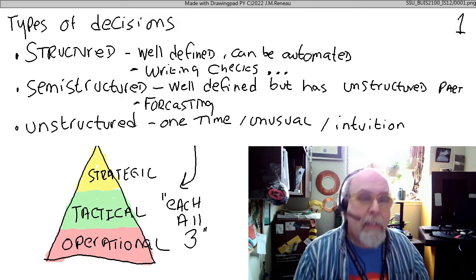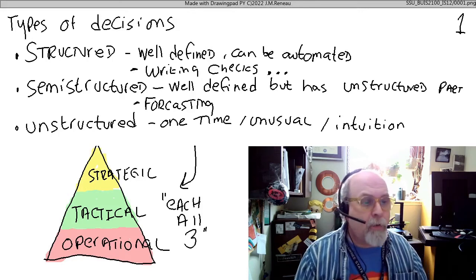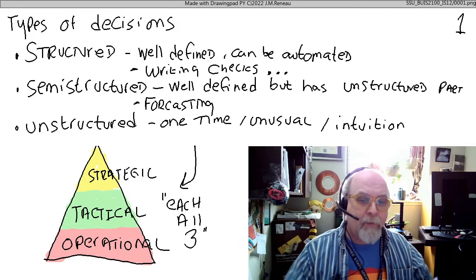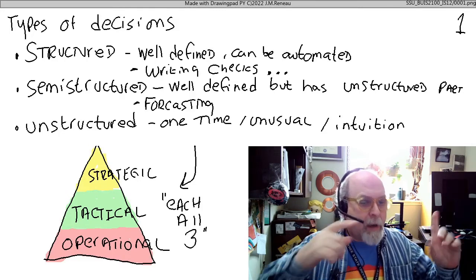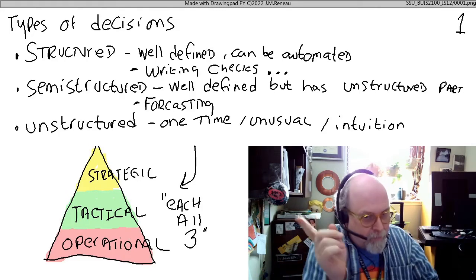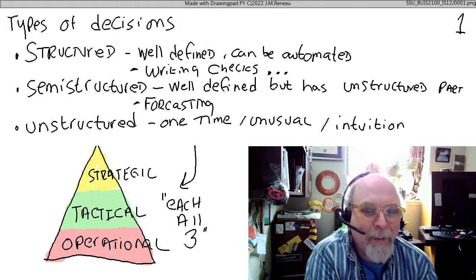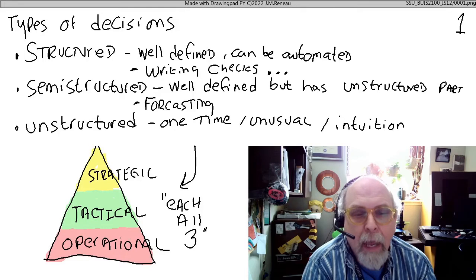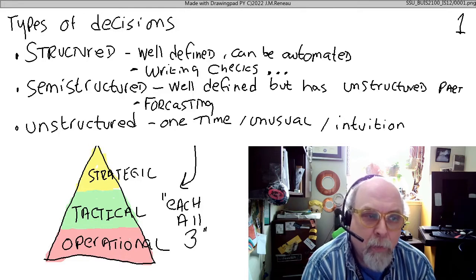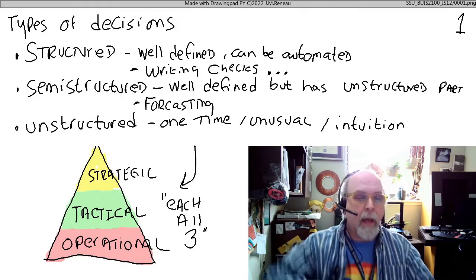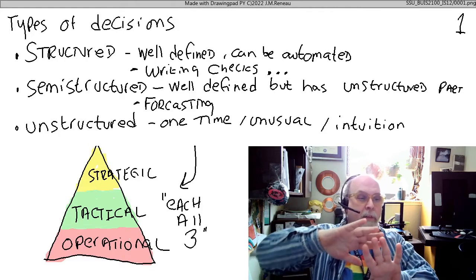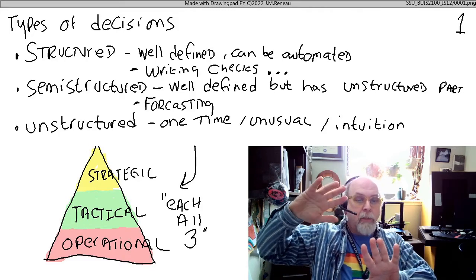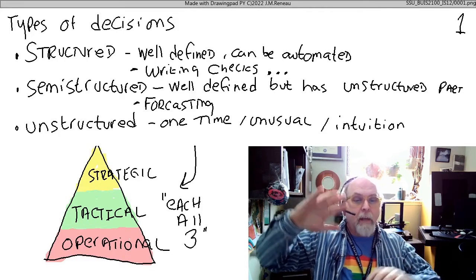Now, decisions also fall into this pyramid that I have over here to that side, the pyramid of strategical, tactical, and operational. I wanted to define those two because you can think of a two-dimensional matrix of structured, semi-structured, and unstructured, and strategical, tactical, and operational.